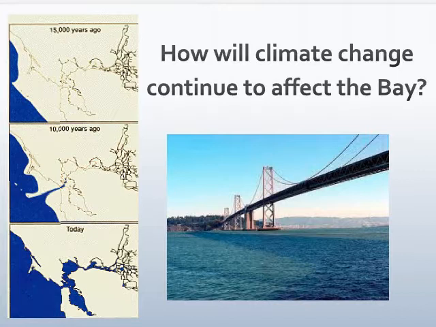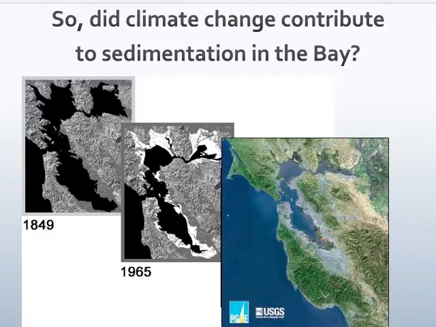Who lives in areas around the bay that are going to be more prone to flooding? So did climate change contribute to sedimentation in the bay? Well, historically, not significantly, and in the future, probably not. But climate change has shaped the bay historically and will continue to influence the bay.